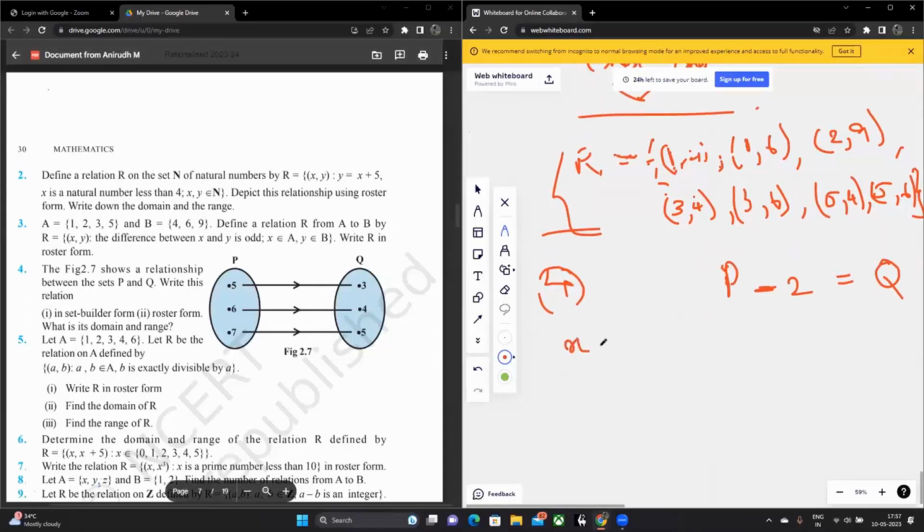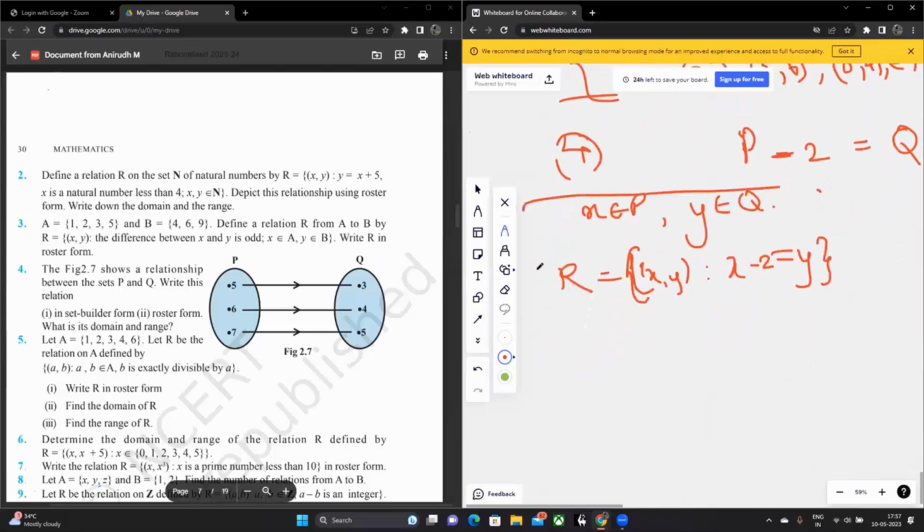So if X belongs to P and Y belongs to Q, you have the relation R equals the set of (X, Y) such that X minus 2 equals Y. This is basically the mathematical form of this expression that I've written.